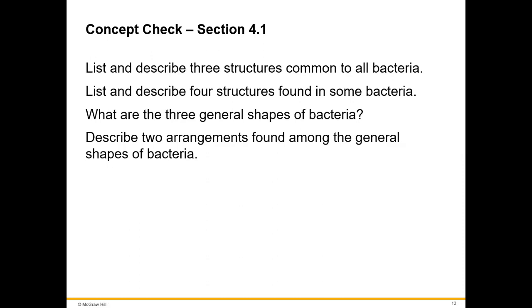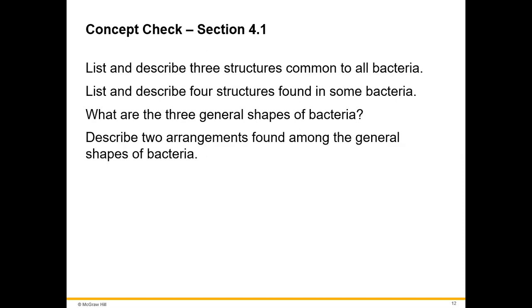Yes, all bacteria have a cell membrane that is common to them. What else? Cytoplasm. They have cytoplasm, and what would be a third common? Ribosome. They have ribosomes, that's correct.